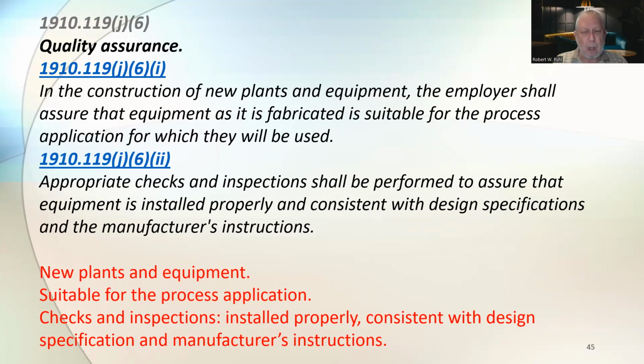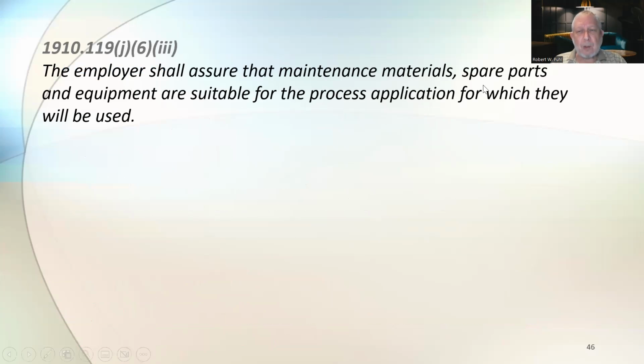Checks and inspections: installed properly, consistent with the design specification and the manufacturer's instructions. That's a lot of work to do here. Somebody's got to know what they're doing on this stuff. The employer shall assure that maintenance, materials, spare parts, and equipment are suitable for the process application for which they will be used.